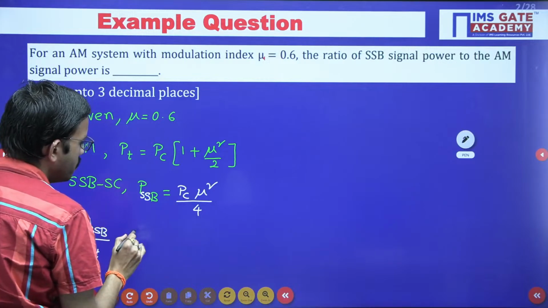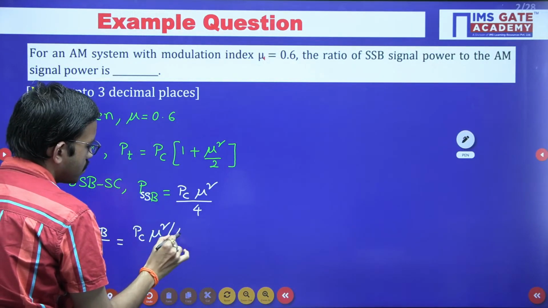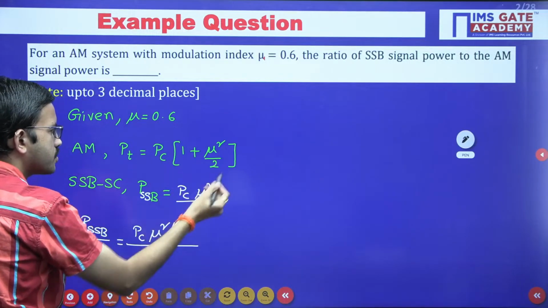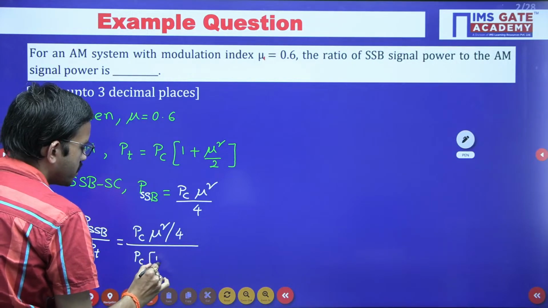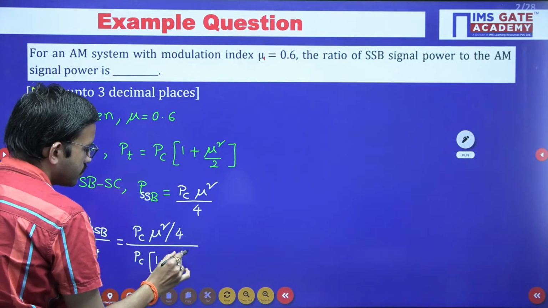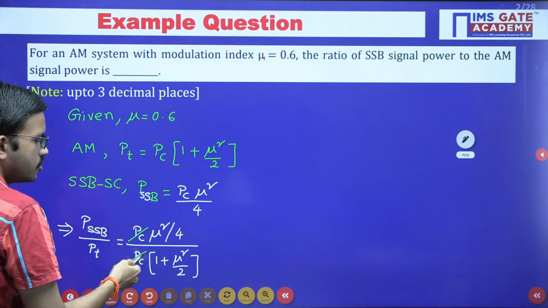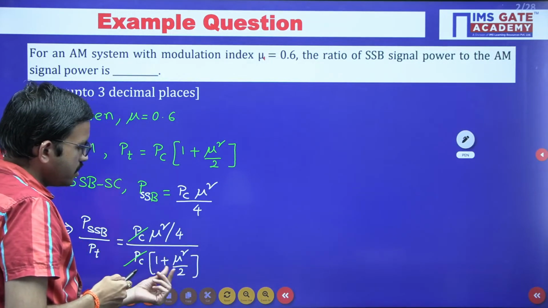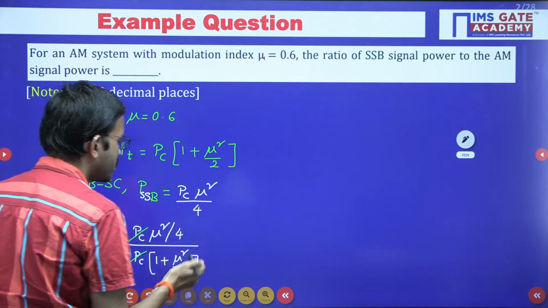So here you are having PC into mu square by 4 divided by the expression PC into 1 plus mu square by 2. Here PC will get cancelled. You can take the LCM in the denominator, which is 2. Just do the simplification here.